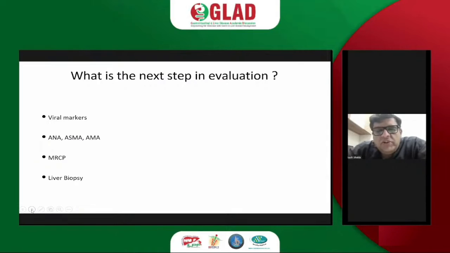Like Dr. Goswami just mentioned, alcohol will still be in the differential diagnosis, although he claimed that he has alcohol very occasionally, once a month or so. But we have seen this very often, that patients underreport, and therefore you have to really probe deep into the history. And if you don't find any other cause, probably do an MRCP to look at the smaller bile ducts within the liver, and also to be sure that the ultrasound has not missed out on obstructive jaundice. So that would be the sequence in such a case.